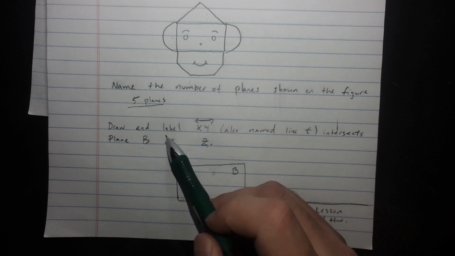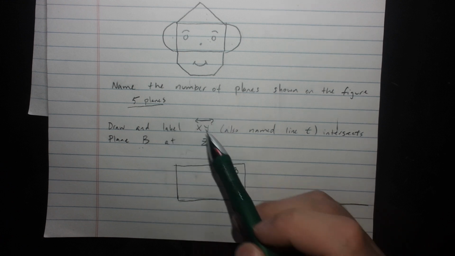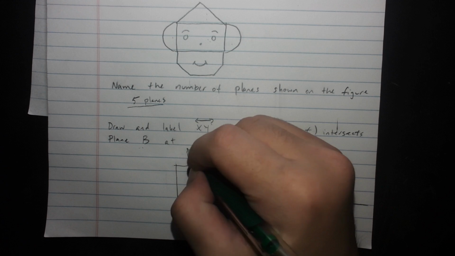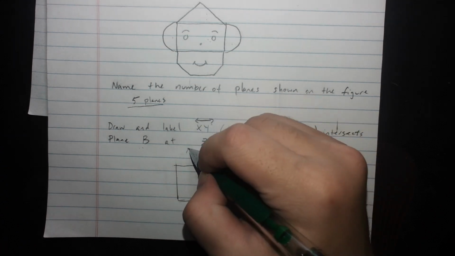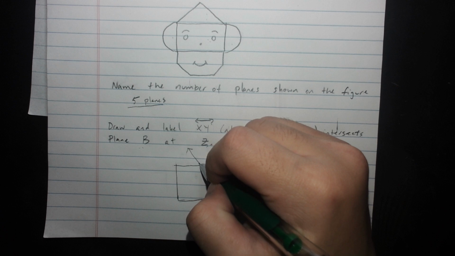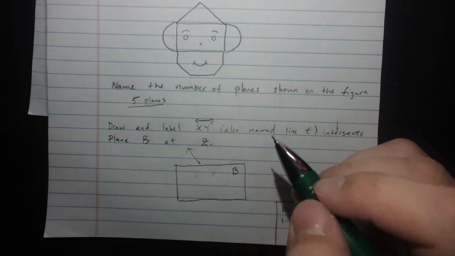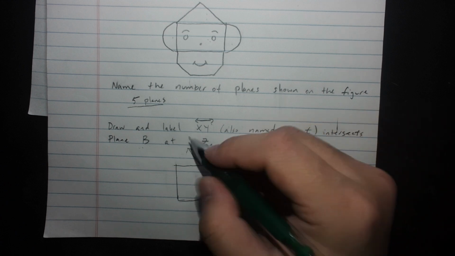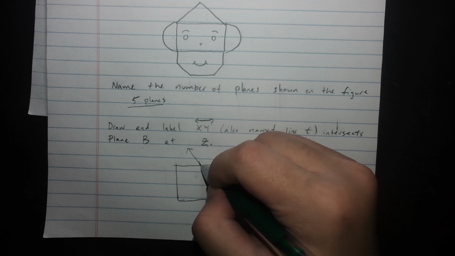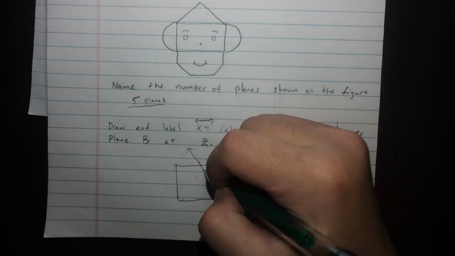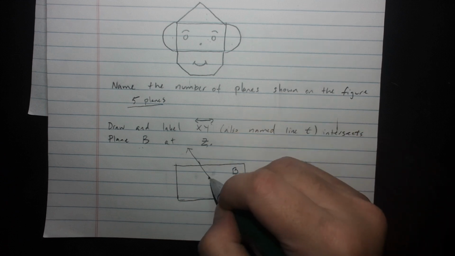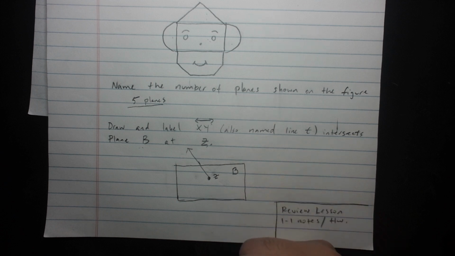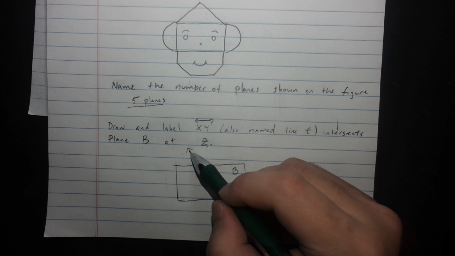Now let's introduce line XY. Now line XY is going to come from the sky. So here's the line. It's coming from the sky. It's going to approach the plane, and it's going to touch the plane once, or it's going to intersect the plane at Z or point Z. And it is going to go through this plane at this particular spot here, which we call Z or point Z. All right, so here's my line.